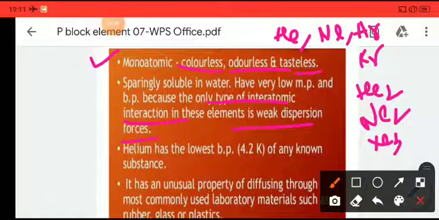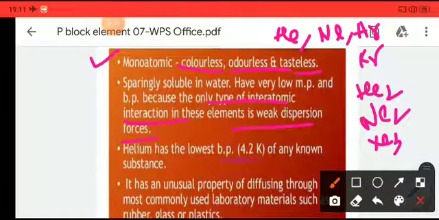So we need less heat energy to overcome them, and that is why their boiling point and melting point are pretty low.